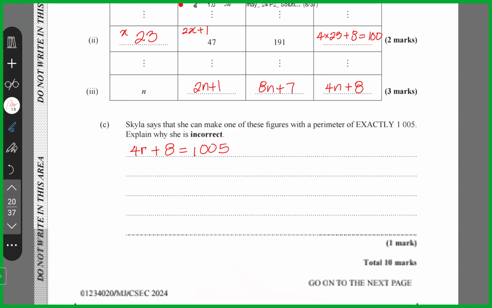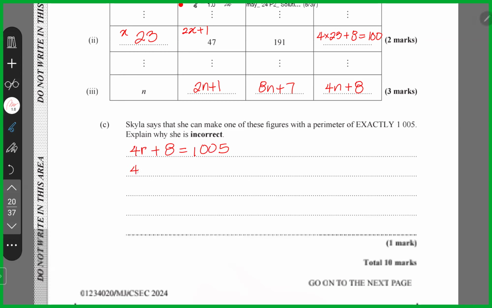If when I solve this equation, r comes out to be a decimal, 1005 is not the perimeter of a figure in the sequence.